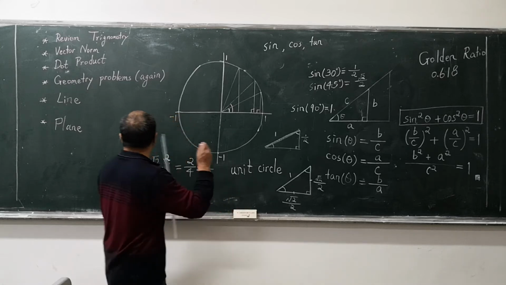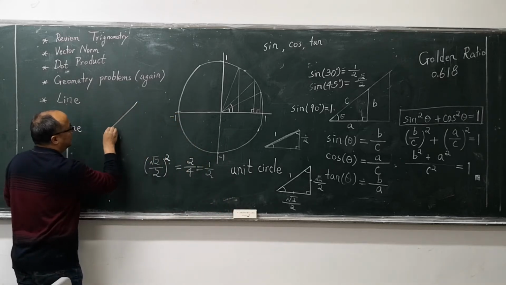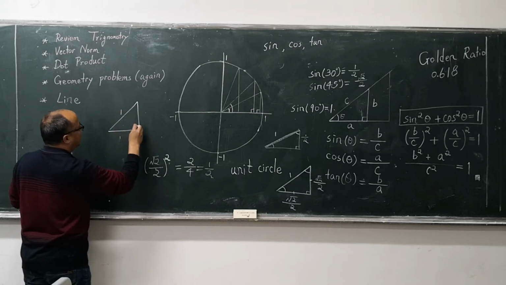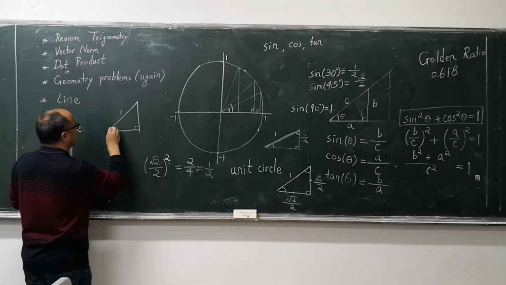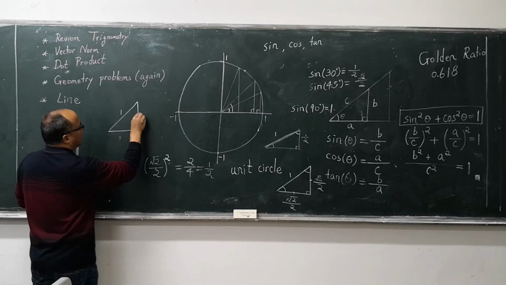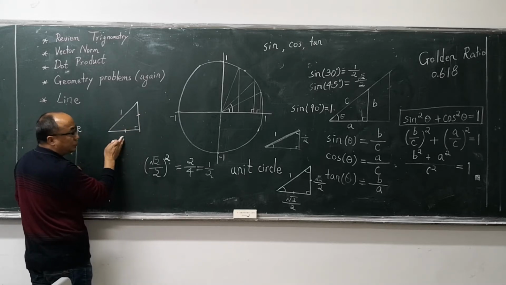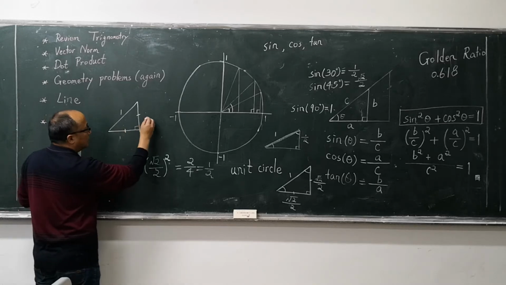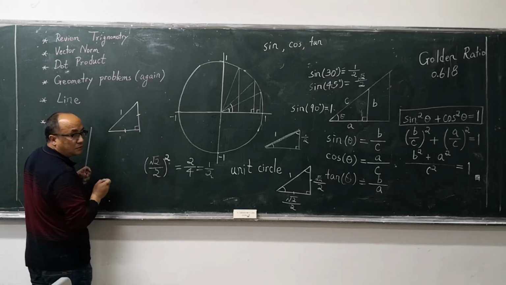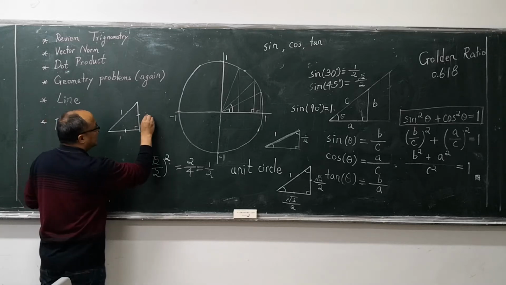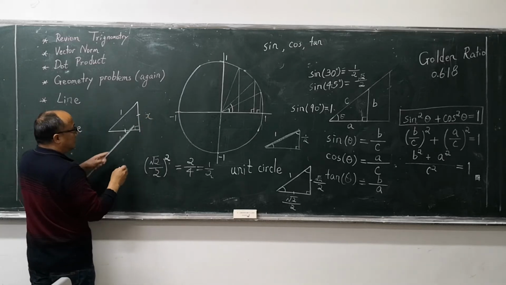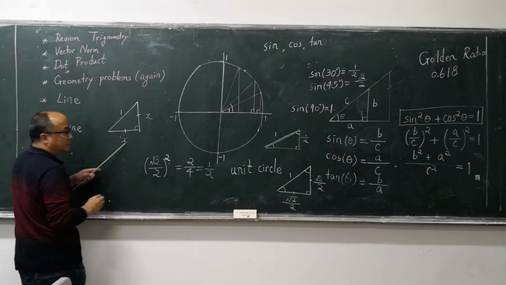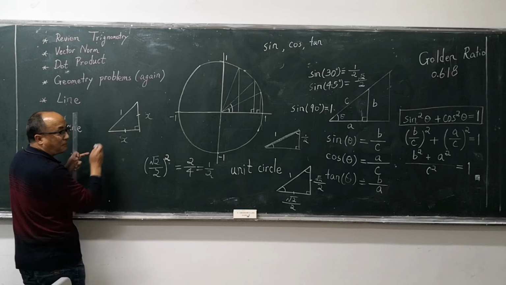And so if I give you a question that the hypotenuse is 1, cos 45 or sin 45 makes you into here. This and this are equal. So let's say it's x. This is also x because it's a 45 degree.